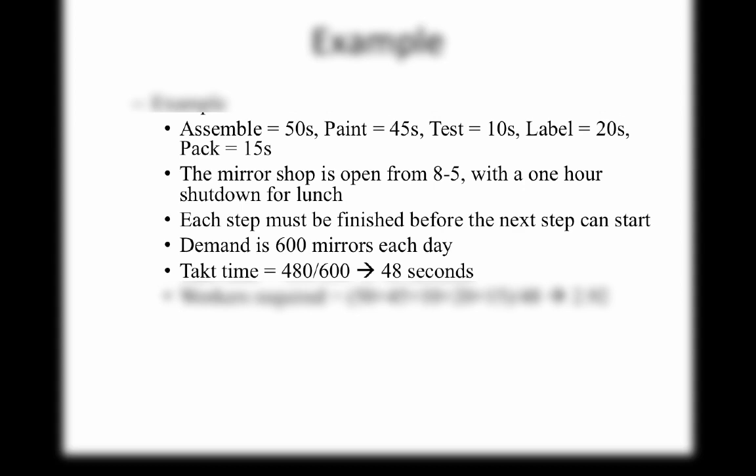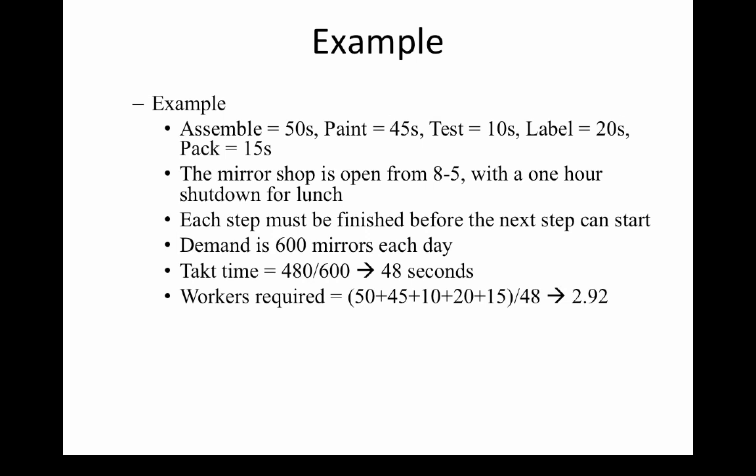Okay, so to calculate the takt time, how did we say we would calculate that? Well, we take the available time and divide it by the demand on a given day. So our available time in a given day is 8 hours, because while the shop is open for 9, we're only actually operating for 8.